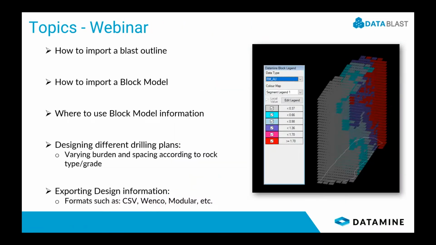We've been through the topics: how to import a blast outline, how to import a block model, how to use the block model information with grades or rock types, then designing the different drilling plans with burden and spacing varying according to rock type or grade, and exporting design information to BlastPad mostly, and then CSV, Winco, Modular, etc. All these drilling geo navigation systems.